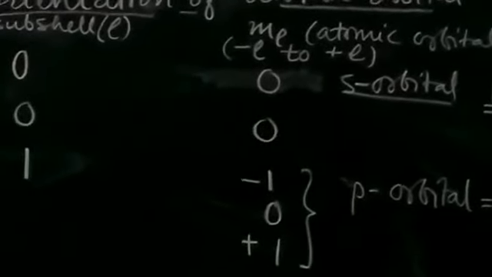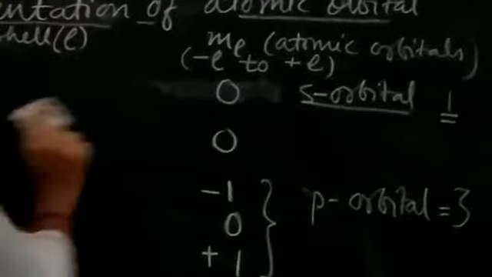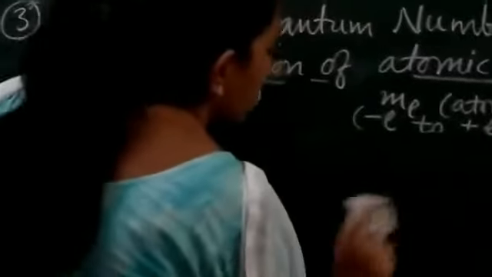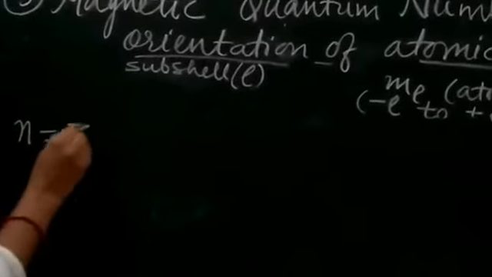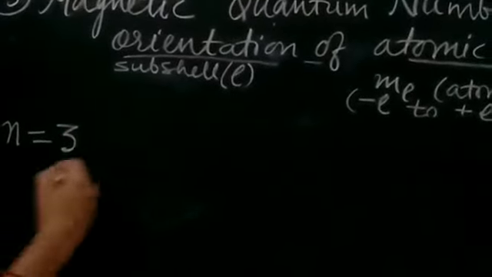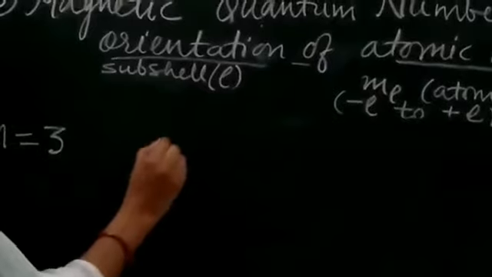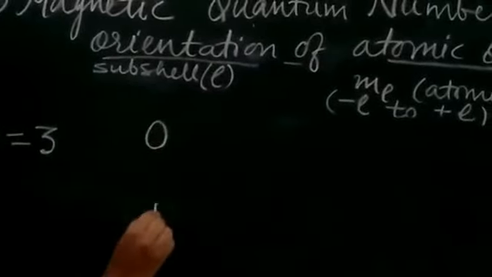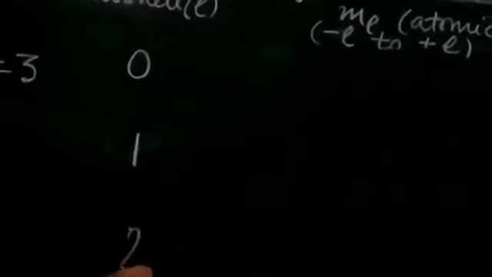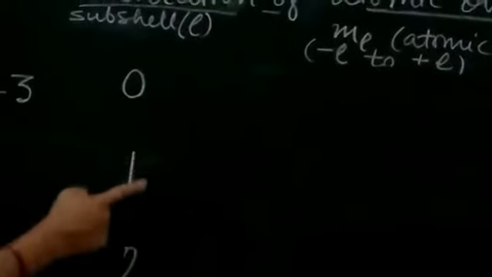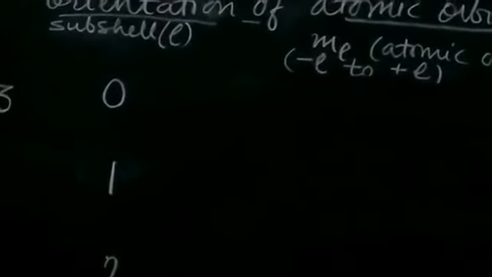Now we will just move ahead. We will do it for n equals 3 now. If we have shell number 3, what are the possible values of the subshell? It is 0, it is 1, it is 2: S subshell, P subshell and D subshell.